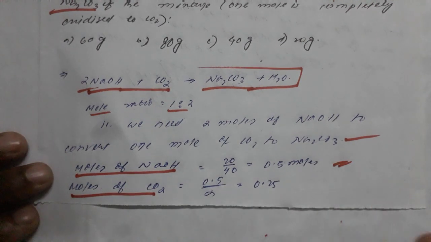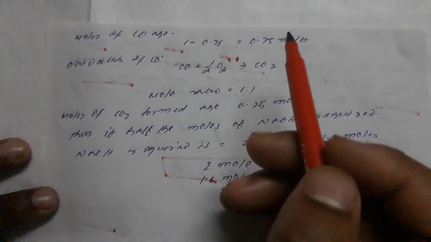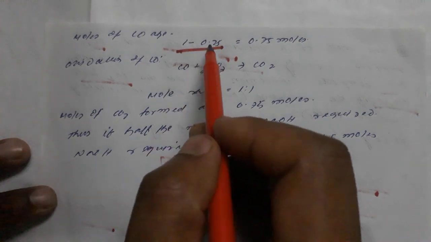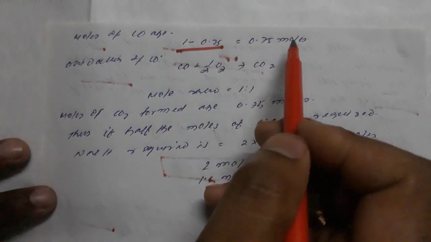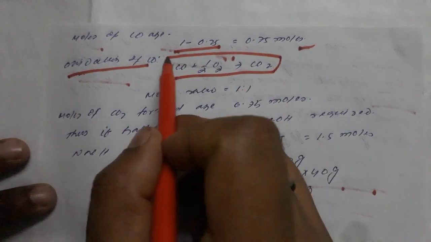Now the mole of carbon monoxide is 1 minus 0.25, and oxidation of CO gives us CO2.